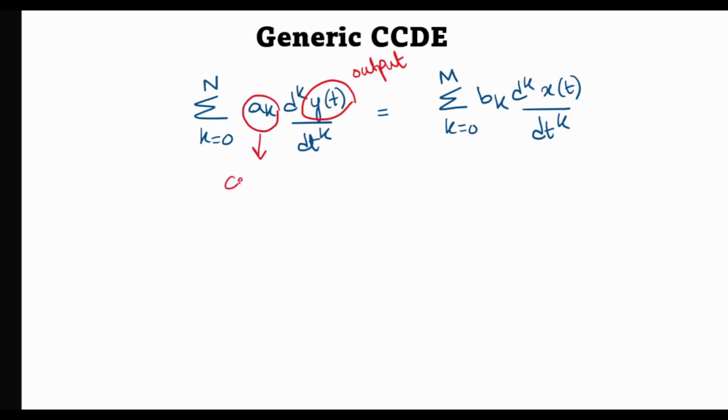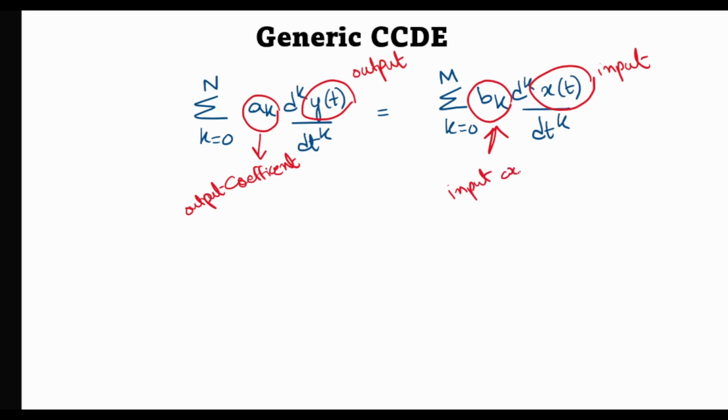a_k's are the output differential coefficients, x of t is the input, and b_k's are the input differential coefficients.